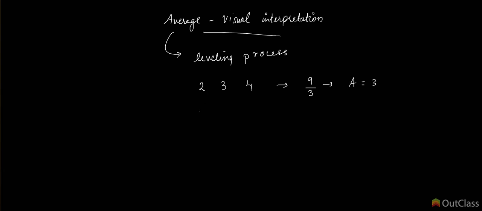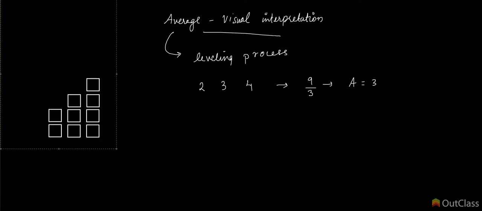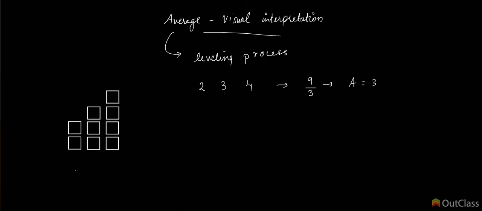Now, a good way of demonstrating this visually is to have my numbers represented with blocks. That's my 2, that's my 3, and that's my 4. Averaging is just the process of making each stack of the same height. I have moved the one there.